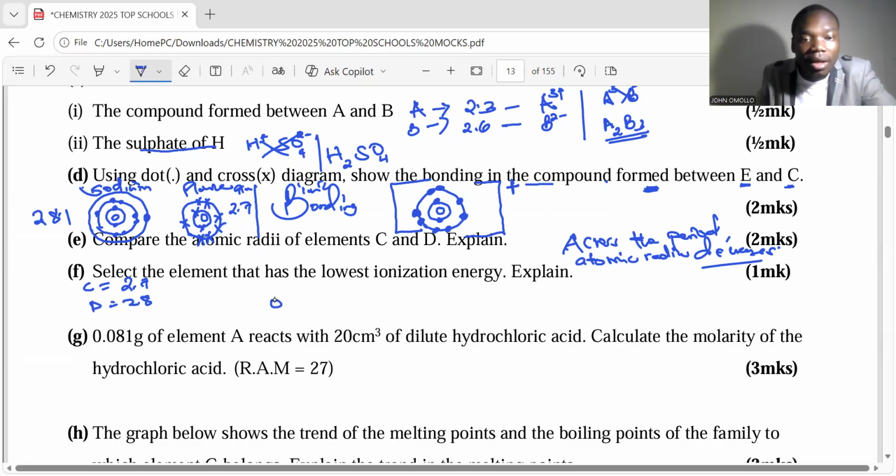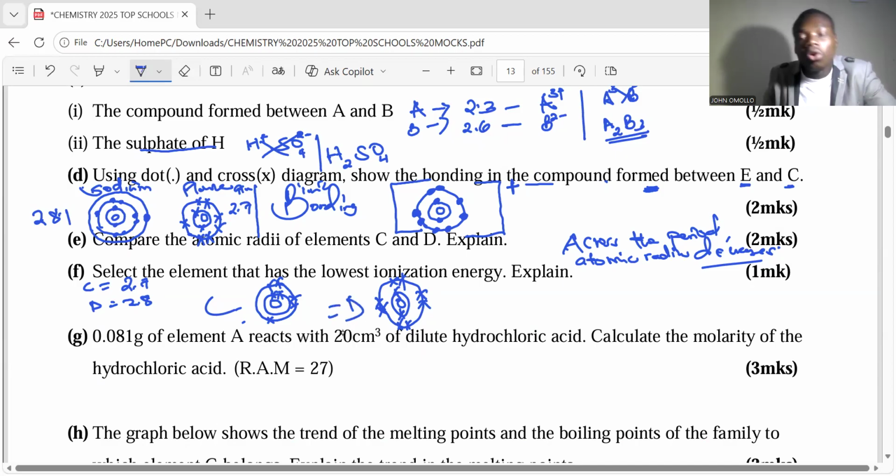So whenever I'm drawing 1, 2, 3, 4, 5, 6, 7, so this is C. And D, 1, 2, 3, 4, 5, 6, 7, 8. So this is D. So what we know is that they have the same energy levels.